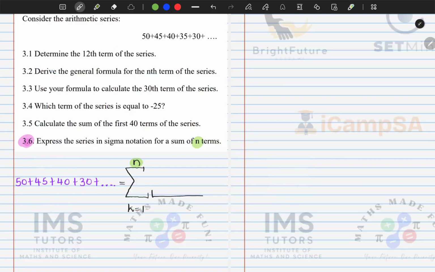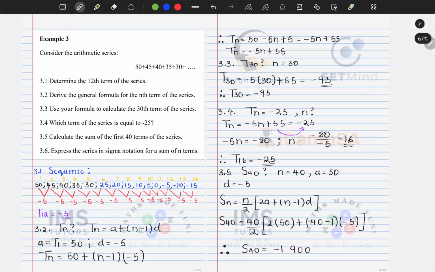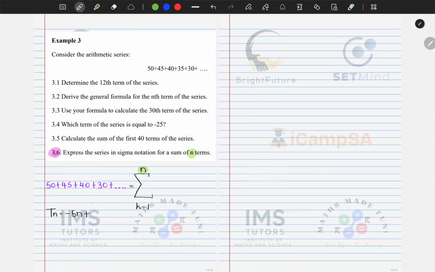Then remember, what sits here is the general term. For our general term, we found Tn becomes negative 5n plus 55. So when we come here, all we do is replace n with k. So it becomes negative 5k plus 55. And this is what the teacher is expecting us to understand. I hope this does make sense.